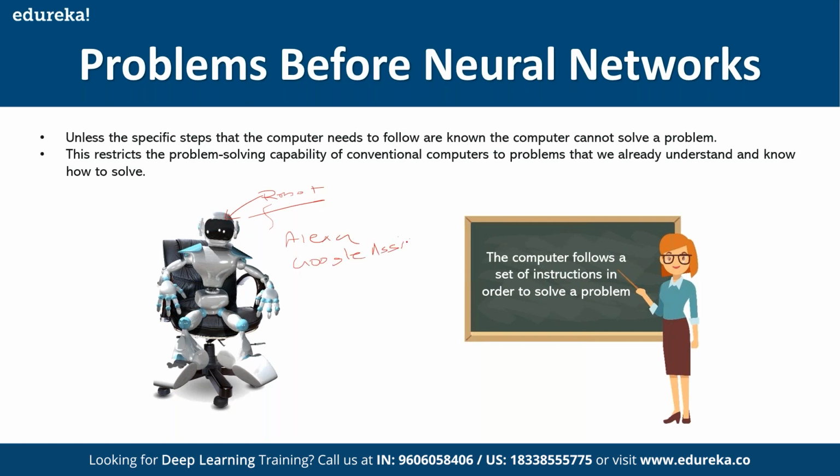All these require some programs or algorithms to take actions. So these sets of instructions are required for the robot to take actions, and these can be accomplished using neural networks.